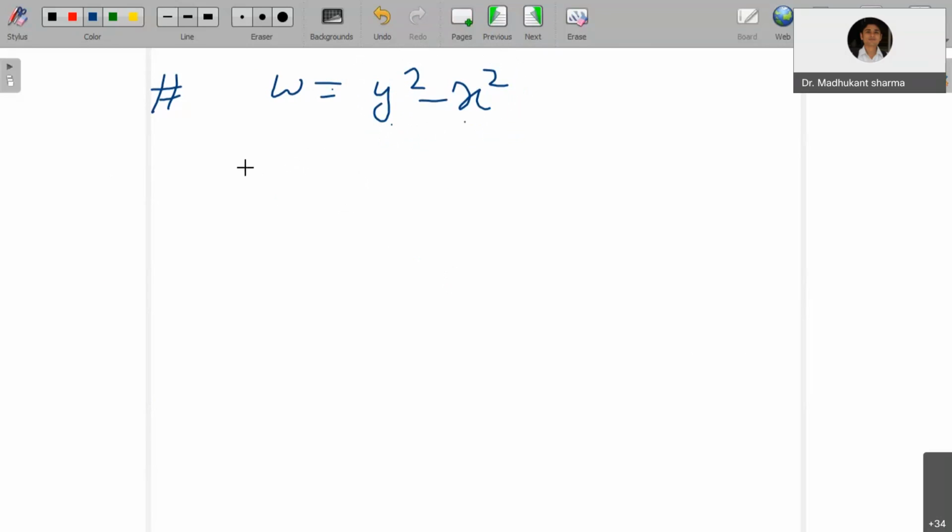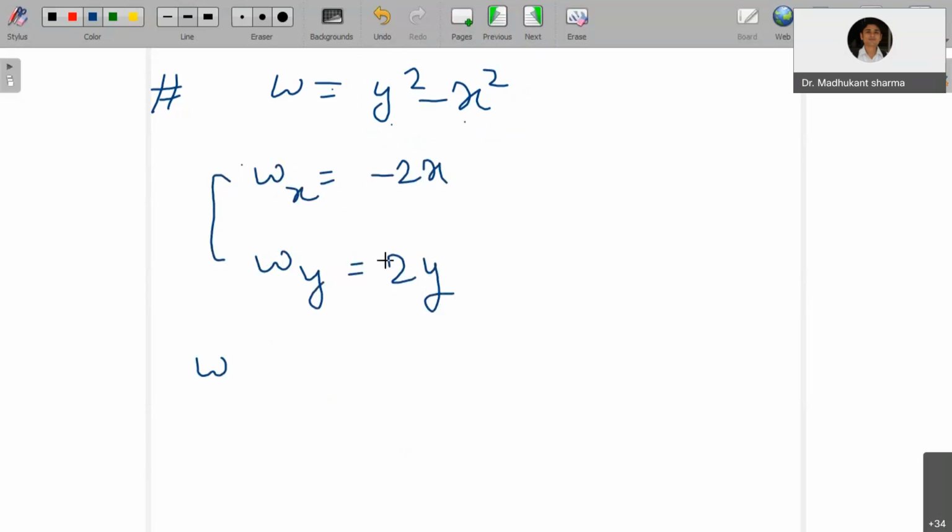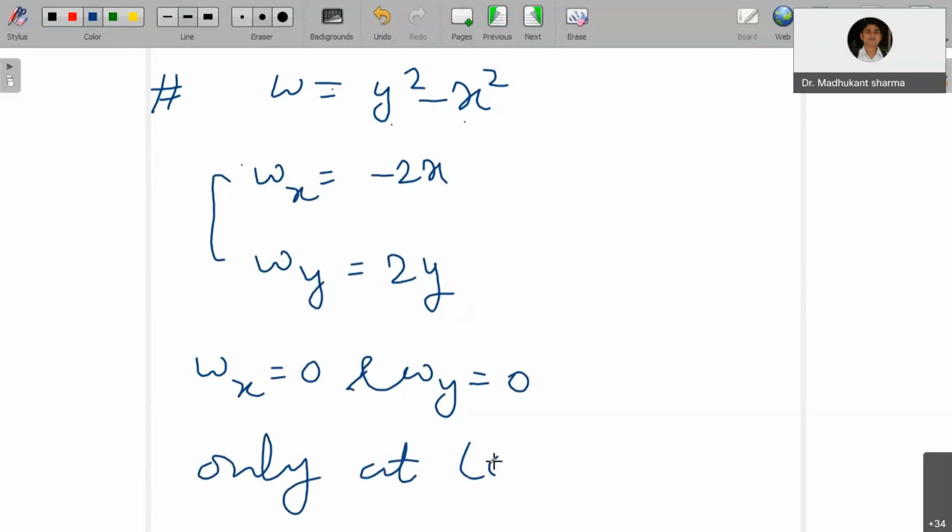Now, the partial of w with respect to x is wx equals minus 2x, and wy equals 2y. They are continuous, so wx and wy exist everywhere, and there is no point where they fail to exist. Now, wx equals 0 and wy equals 0, both only at the origin.